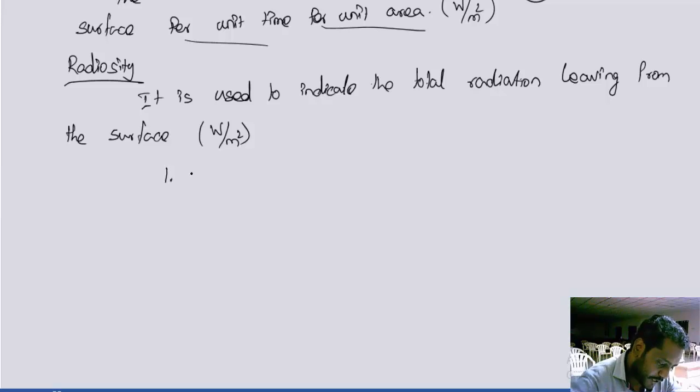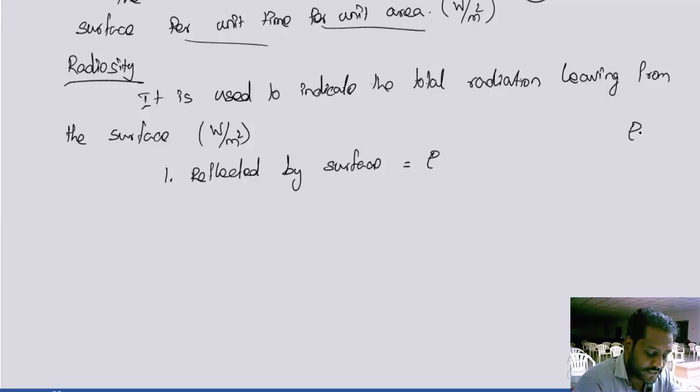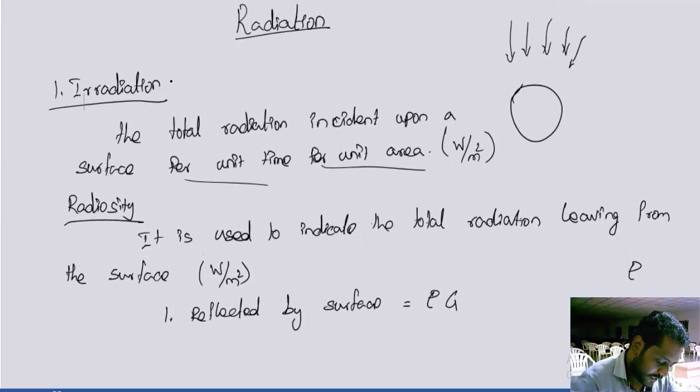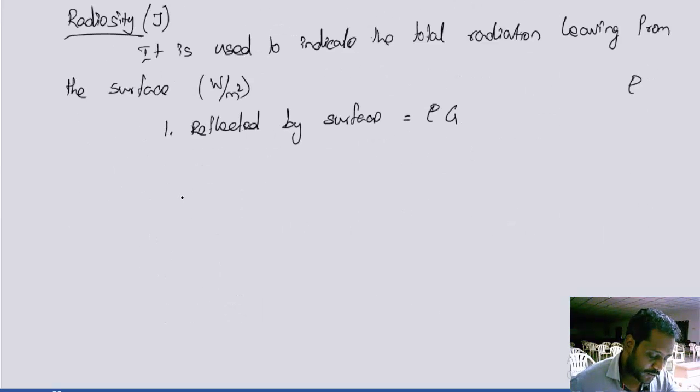The first component is reflected by the surface, which is given by the reflectivity rho times G. G is nothing but your irradiation, so irradiation is denoted by capital G and radiosity by capital J. So rho into G gives the reflected energy from the surface.